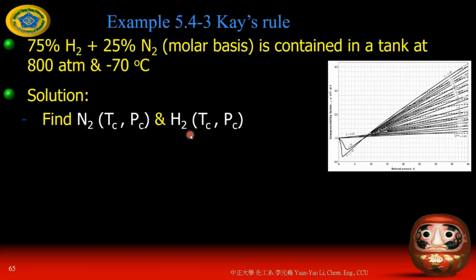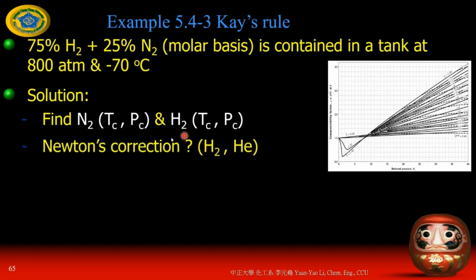And then what happened? Next one, do they follow Newton's correction? You need to remember, Newton's correction only applies to gases of very small size, like hydrogen or helium. Is there any helium or hydrogen in this chamber? Yes, hydrogen, right?